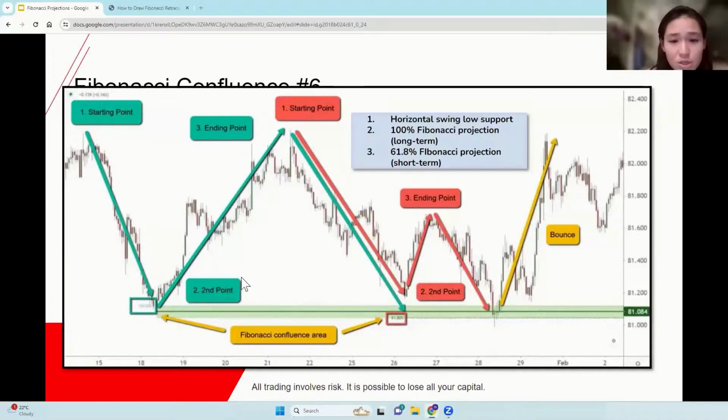So that makes a strong confluence area over here where price bounced off at 81.084. You can see price bounced off after this 61.8% Fibonacci projection lined up with another Fibonacci projection.